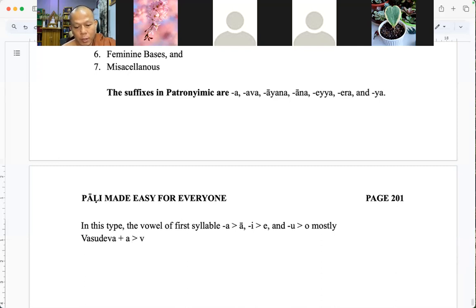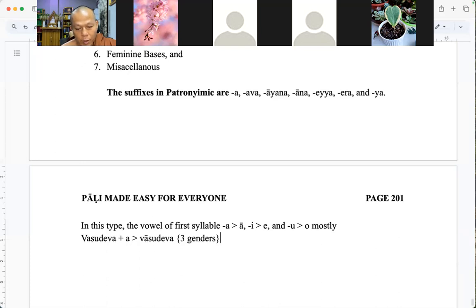So that is why we have Vāsudeva. Okay. So that Vāsudeva actually can be in three genders.